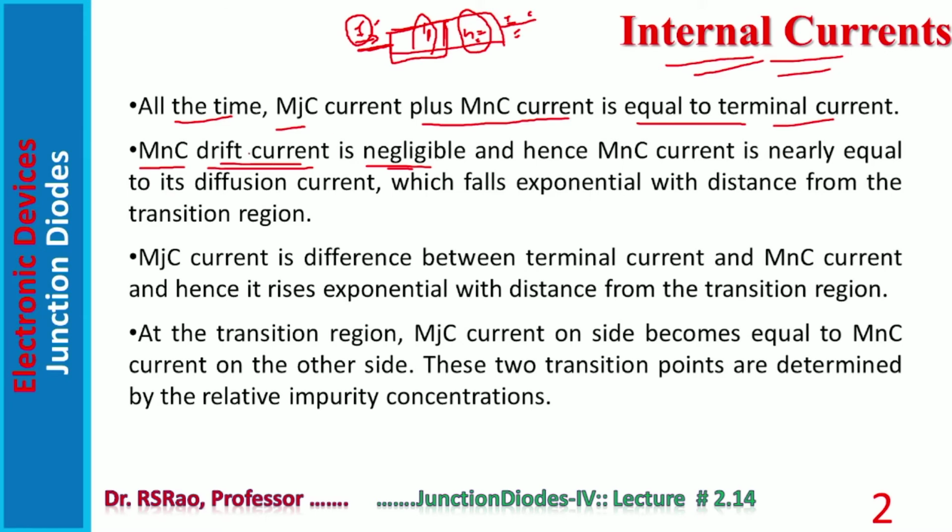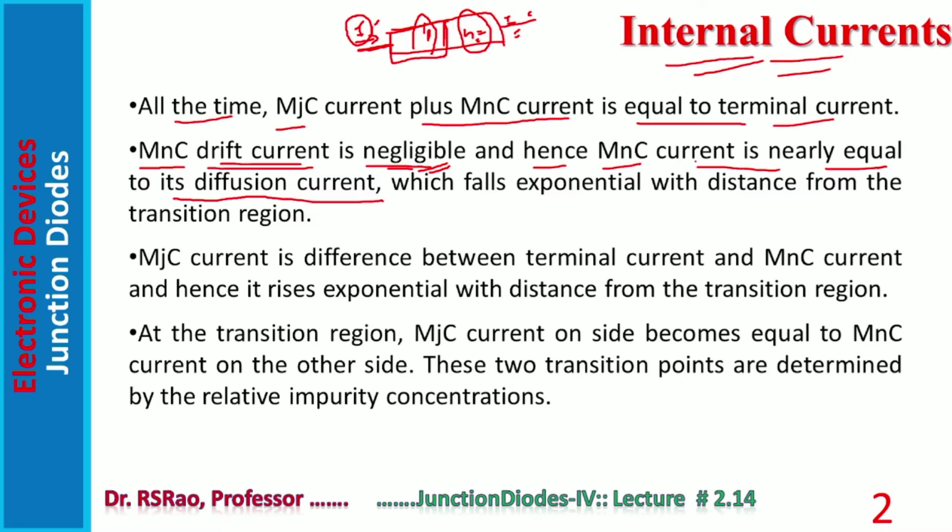As minority carrier current is proportional to carrier concentration, it becomes low. As it is proportional to potential gradient, it becomes further low. It becomes so low that one can neglect it. For this reason, minority carrier current is nearly equal to its diffusion component.